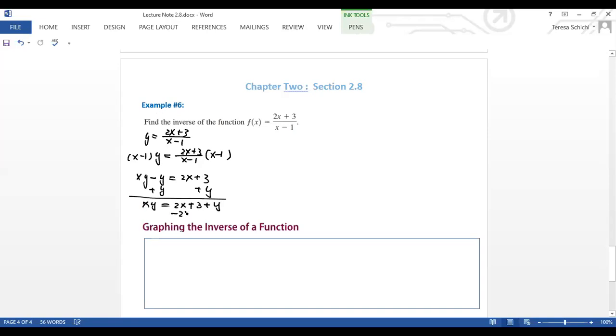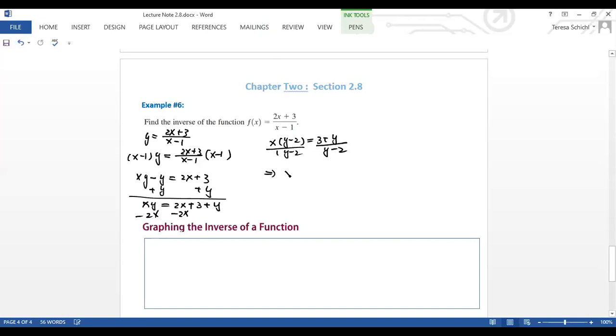So minus 2x, minus 2x. Okay, so if minus 2x, I can factor the x out, right? So I have x times (y minus 2) is equal to 3 plus y, correct? Okay, so now I divide by y minus 2, divided by y minus 2.